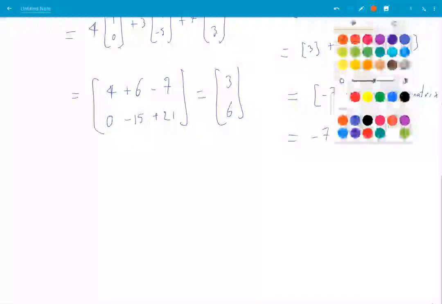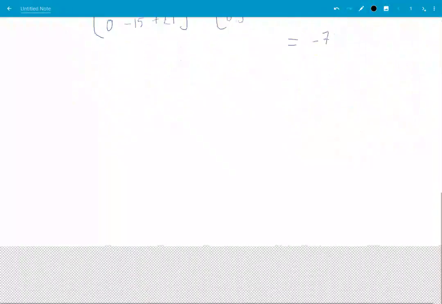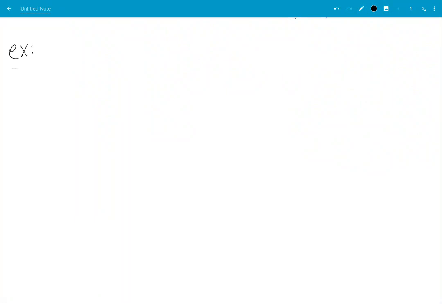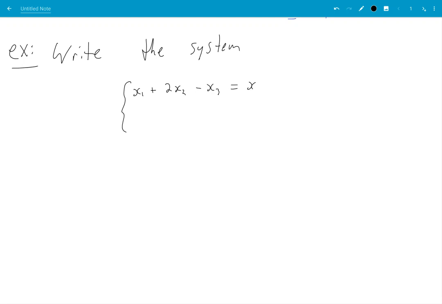Okay, so let's look at another example. Write the system x1 plus 2x2 minus x3 equals 4.